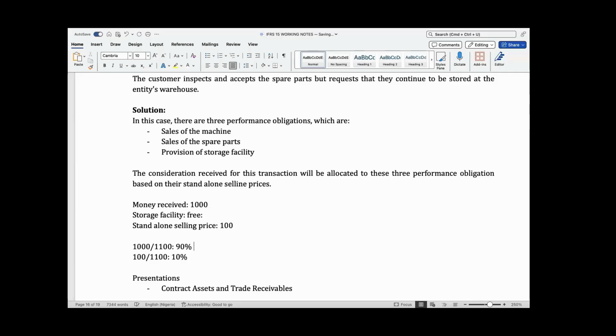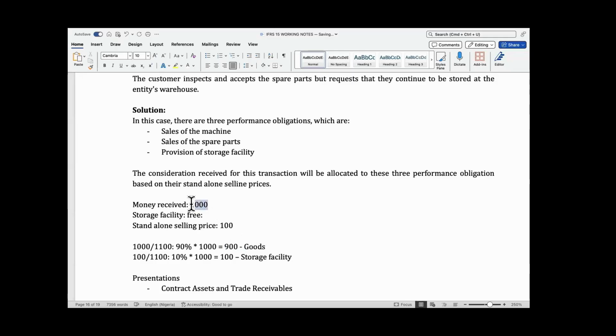So you recognize 90% of 1,000, that's 900, and 10% of 1,000, that's 100. So you recognize 900 for the goods, you recognize 100 for the storage facility. That's how it should be recognized in line with IFRS 15.